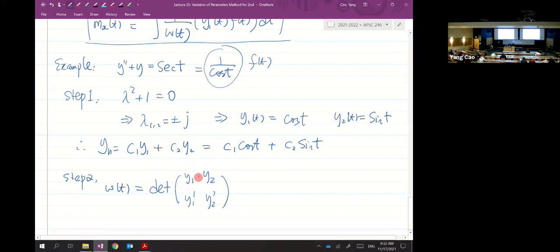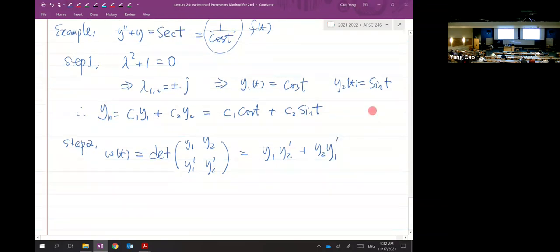The Wronskian matrix is formed by y1, y2 as the first row and y1 prime, y2 prime as the second row. The determinant is y1 y2 prime minus y2 y1 prime. You can certainly keep the matrix here. So what's y1? It's cosine t. y2 is sine t. y1 prime is negative sine t. y2 prime is cosine t.